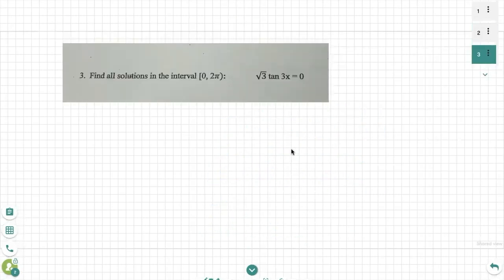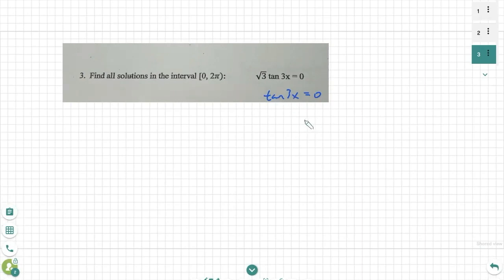Divide both sides by the square root of 3. So then it's tangent 3x equals 0. I don't know what to do from there. How do I get the 3 out? So what we can do is solve for 3x.